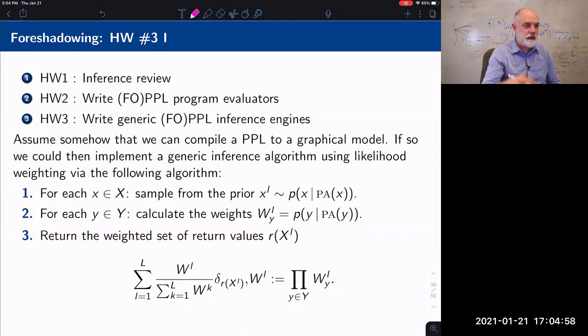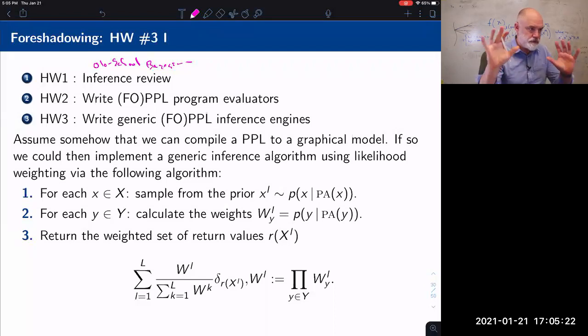So where are we? We're doing old school inference review, Bayesian inference review for homework 1. Have fun, engage. Homework 2 is going to be writing FOPL program evaluators. Those program evaluators are going to operate on graphical models. We're going to actually provide the compiler for you this year, which is awesome.